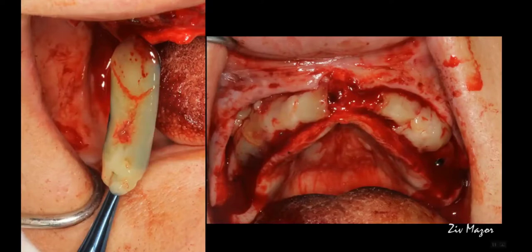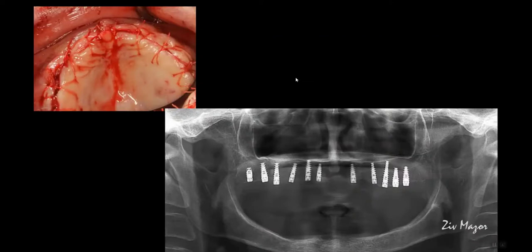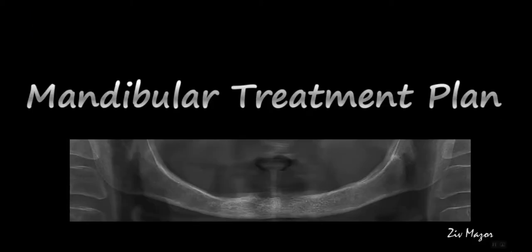Second, if you do have some places where the flap is not completely closed, there is no problem because PRF can be left exposed. It also has an antibacterial activity. And third, we will gain more keratinized tissue. So we close, and you can see the post-op panoramic X-ray showing you all the 10 implants that were placed.